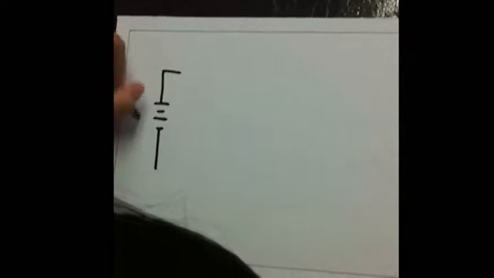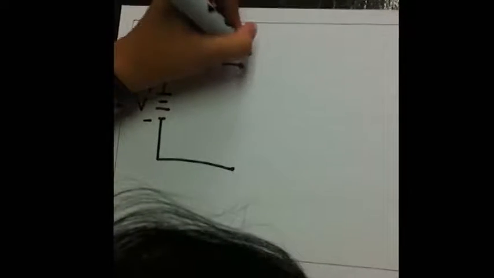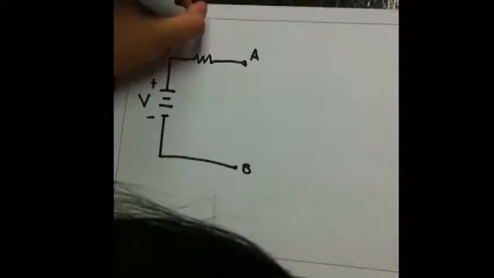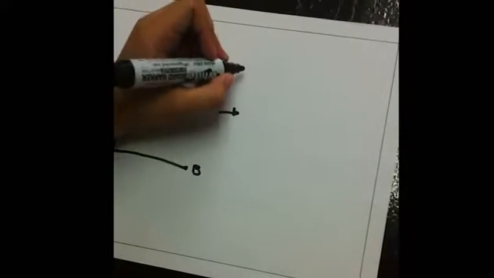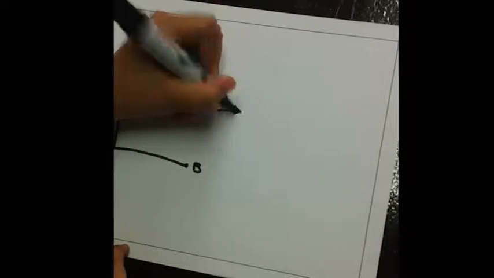Performing a source transformation consists of using Ohm's law to take an existing voltage source in series with the resistance and replace it with a current source that is in parallel with the same resistance.